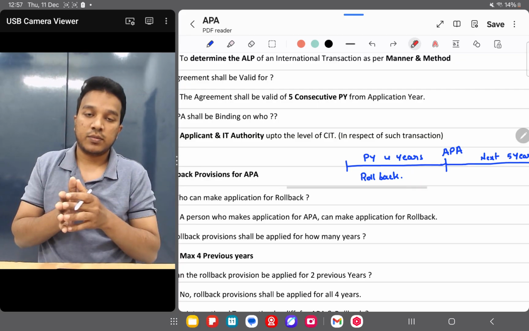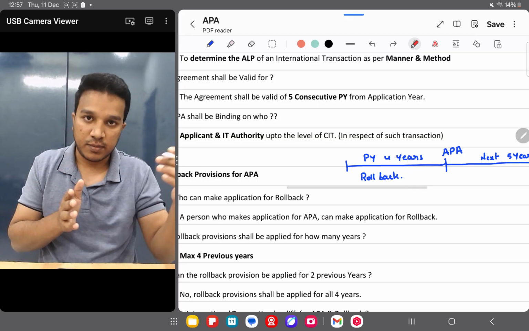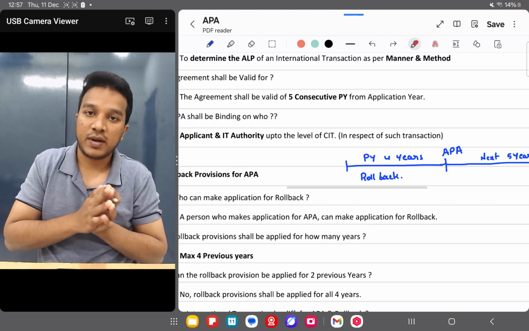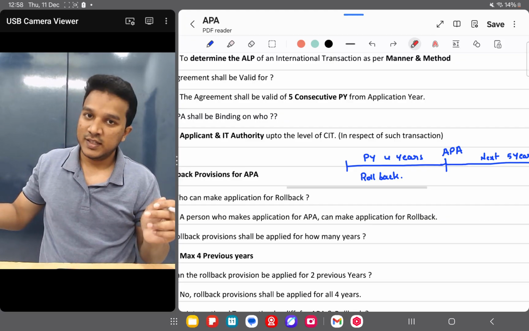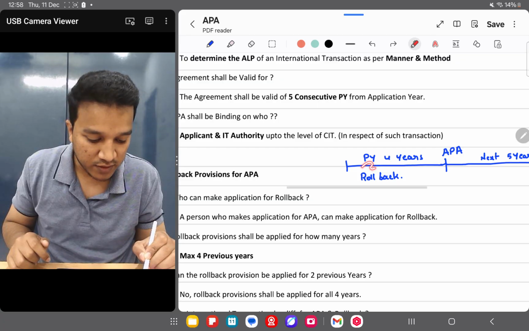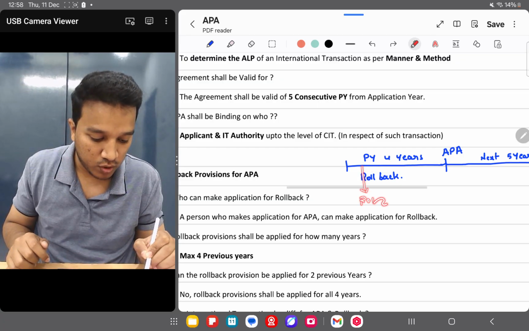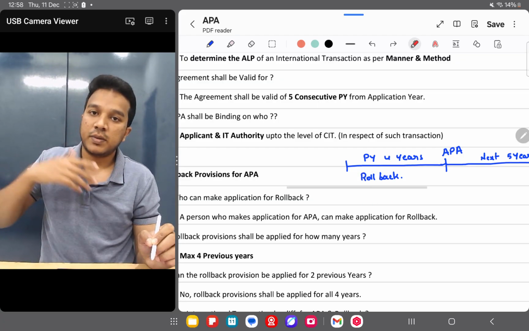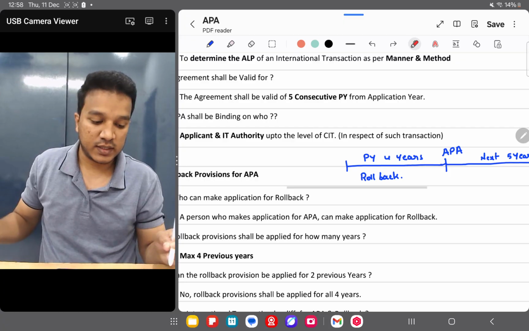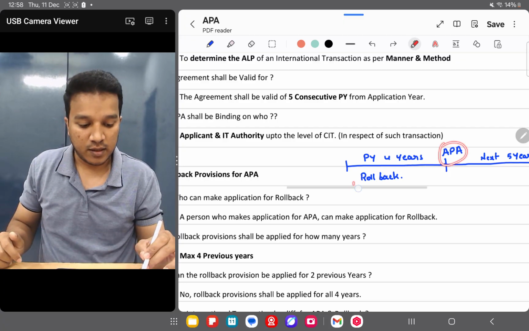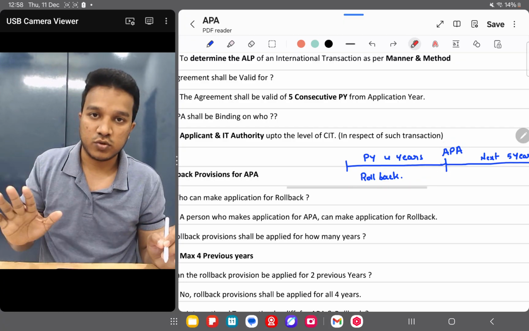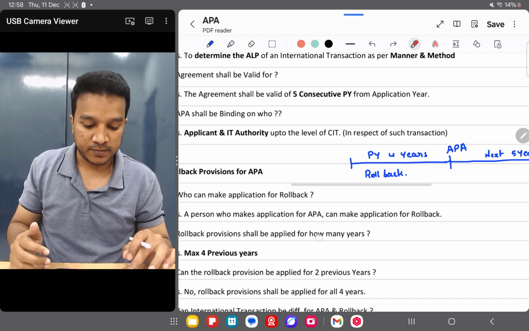This means the same agreement will be applied for the previous 4 years. You must have filed the return of income already for all those 4 years. I'm talking about the previous 4 years. The same agreement you can make applicable for the previous 4 years also. That is your rollback provisions.